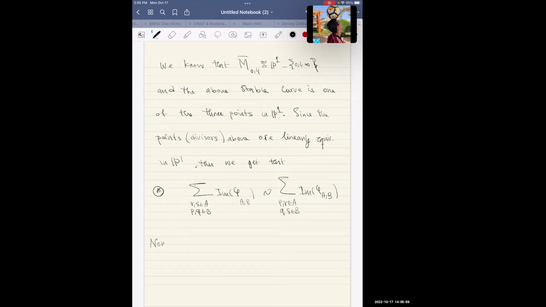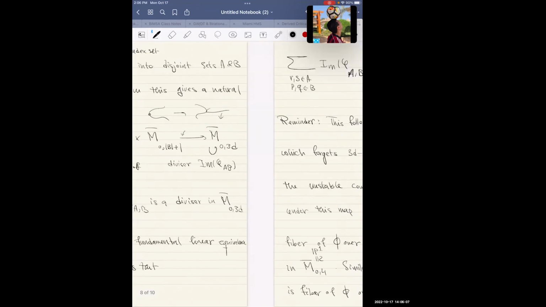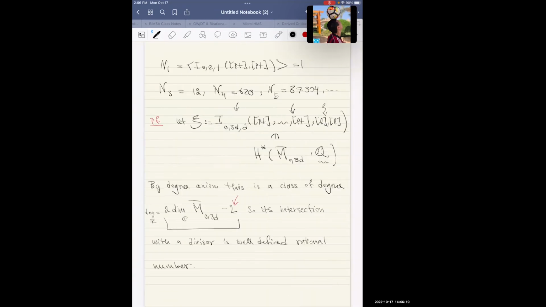Now we can intersect C. What is C? It was this Gromov-Witten class. It's a codimension 1 cohomology class. It's a divisor class. And we have complete control on what the divisors in M bar 0 3D are.